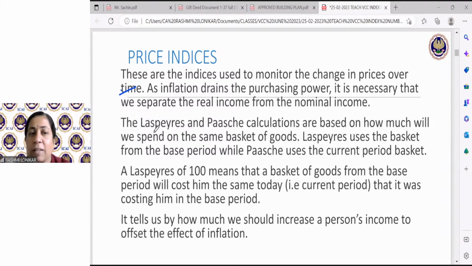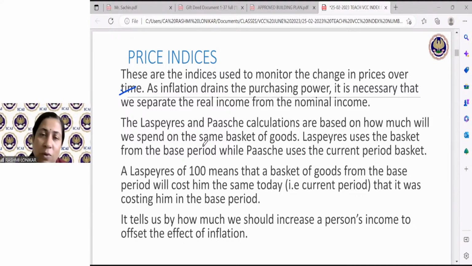So for that, the Laspeyres and Paasche calculations are based on how much we spend for the same basket of goods. We take certain goods, we take the quantities. So what does Laspeyres do? Laspeyres takes the same quantity in the base year as well as the current year and tries to find out the price for these goods.